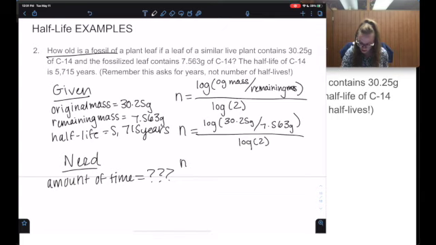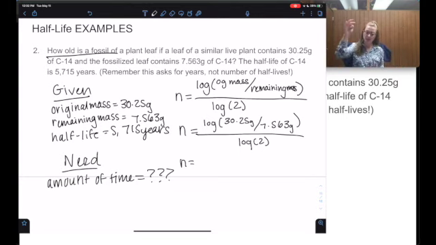So I'll go ahead and type that in my calculator and see what I get. So I'm going to type log of 30.25 divided by 7.563. And then I'm going to hit divided by log of 2. Remember, if your calculator's automatically putting those parentheses in, make sure you close your parentheses.